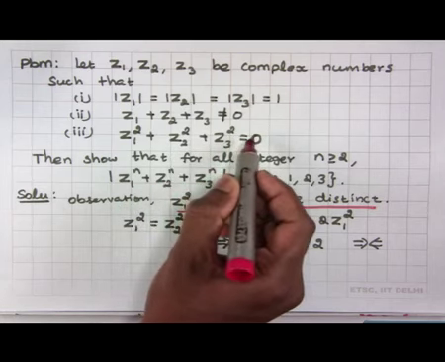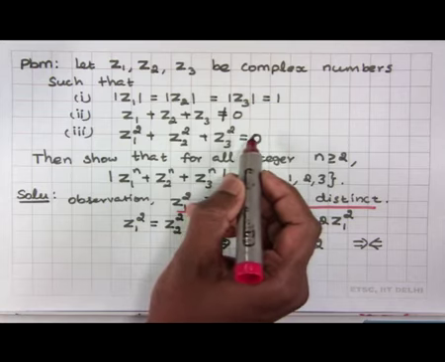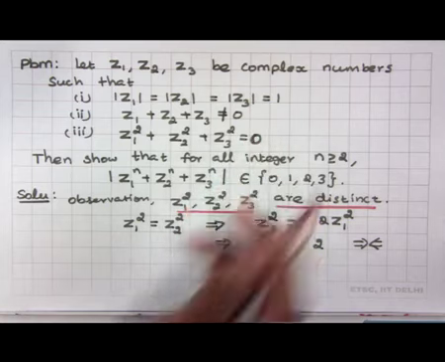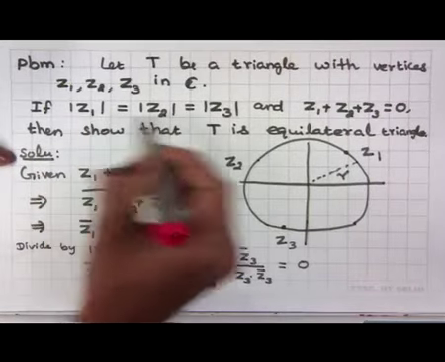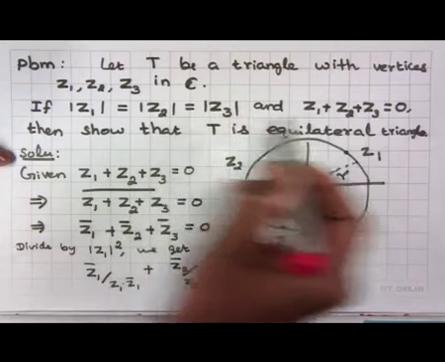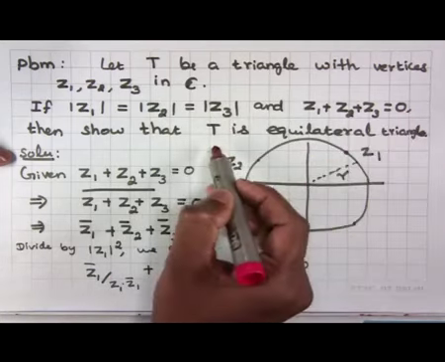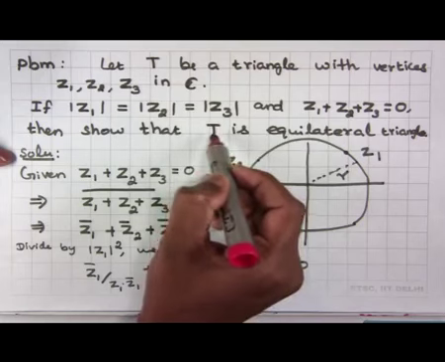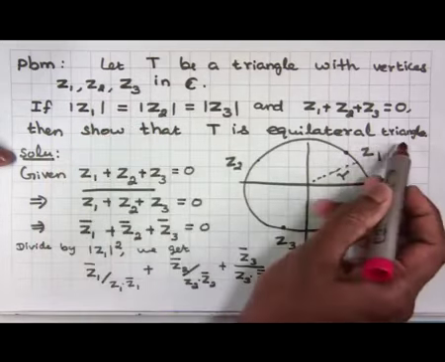Let me recall the previous result. We showed that if the magnitudes are equal and their sum is equal to 0, then the triangle with vertices Z1, Z2, Z3 forms an equilateral triangle.